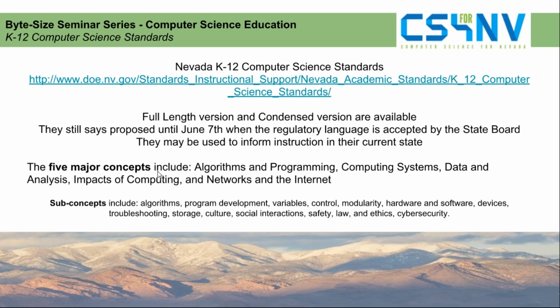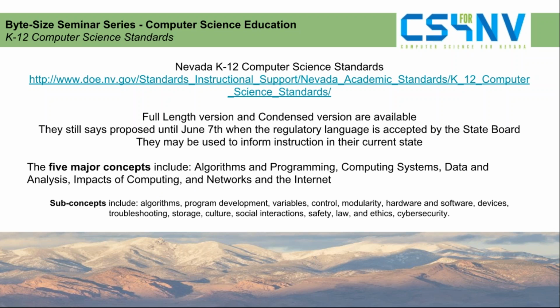So the five major concepts in the new computer science K-12 standards are algorithms and programming, computing systems, data and analysis, impacts of computing, and networks and the internet. I hear a lot that folks say, oh, it's all about coding. It's really not all about coding, actually.